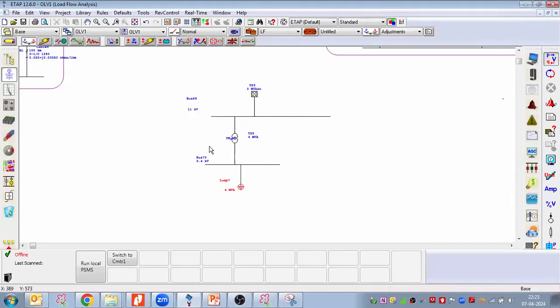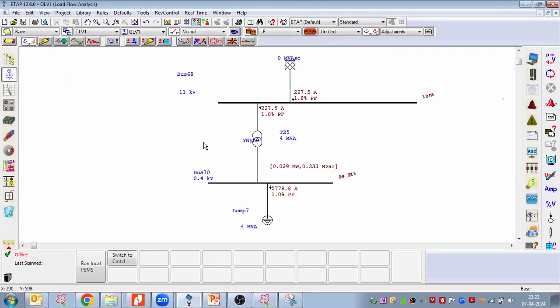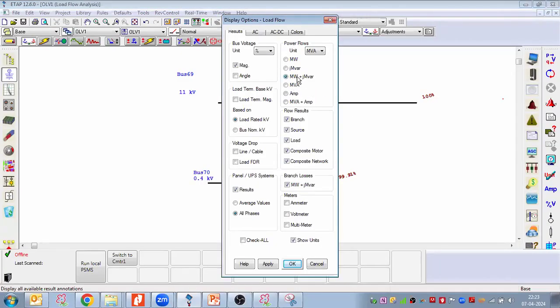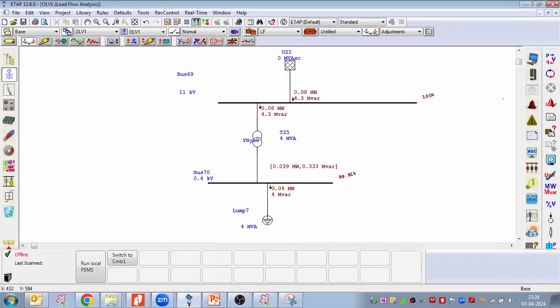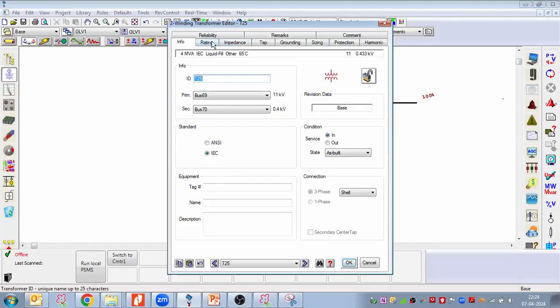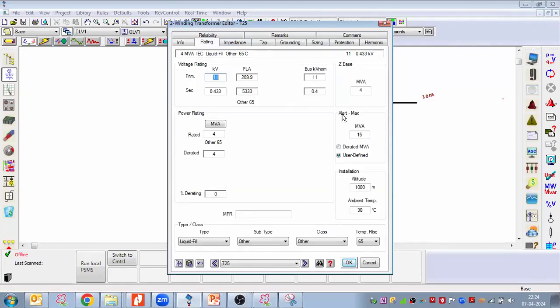And then again performing load flow. Let us see the power now. I'm taking megawatt and Mvar, putting it here. Let us see this transformer, and I'm putting the alert at maximum, now a 4 MVA alert here.